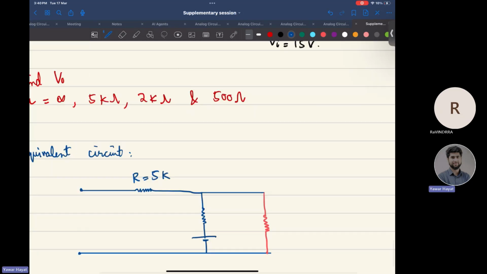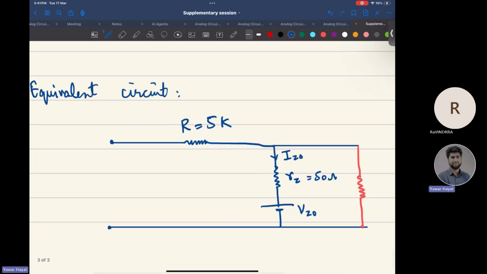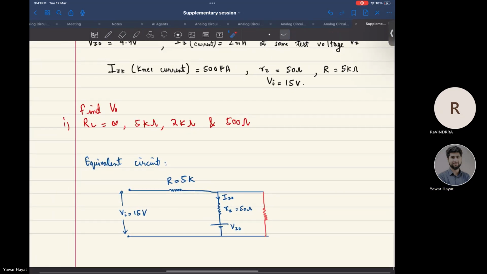This is RZ, which is 50 ohm. This is VZ naught, and let this be IZ naught. VI is 15 volt, right? And this is your RL.